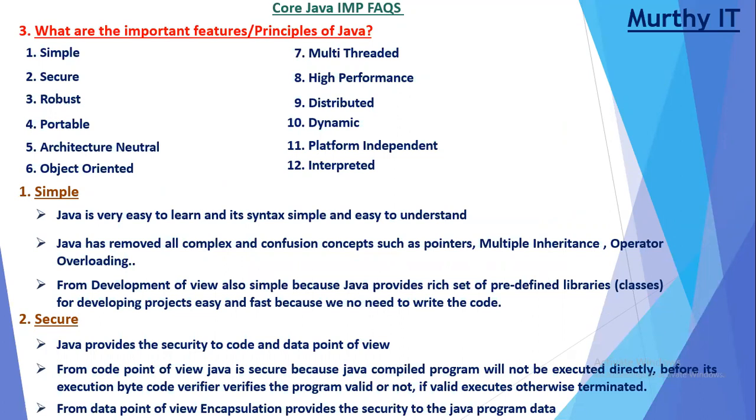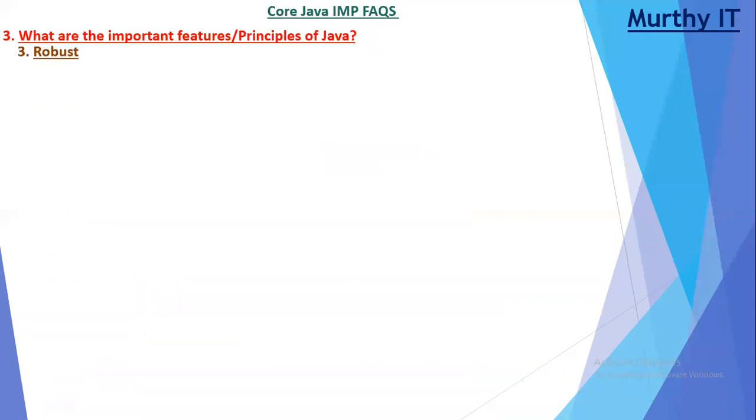We cannot access private variables outside, right? For that we write setters and getters. To set the values, we use setters. To get the values, we use getters. So from the data point of view, encapsulation. From the code point of view, bytecode verifier. We get the security.